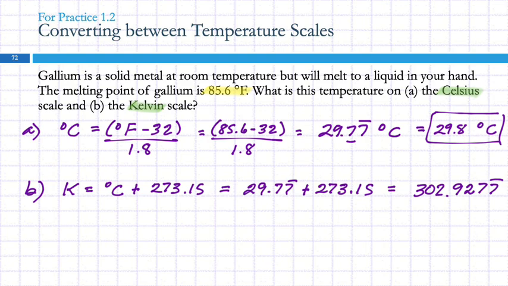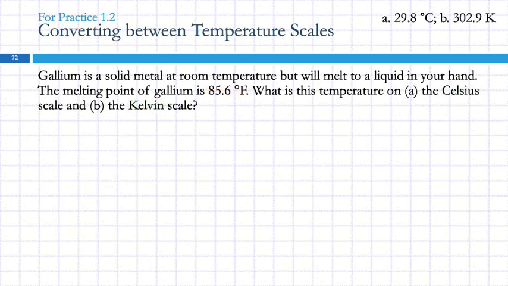So our original number had one decimal place, our original temperature. So I'm also going to round this to one decimal place, and we're going to call that 302.9 Kelvin. It's tempting to say degree Kelvin, but it's not a degree, it's just a Kelvin. Any questions? There's some practice doing temperature conversions on the worksheet as well.